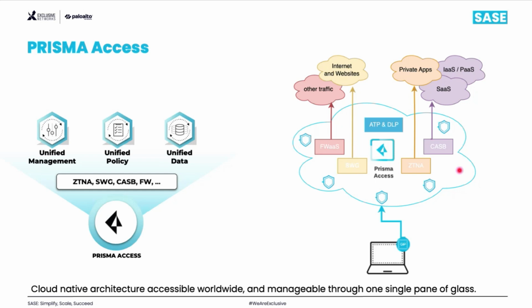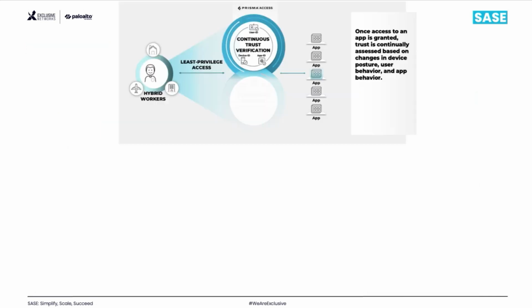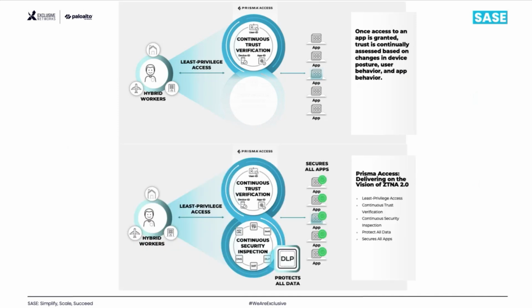If you go to a private application, that's where the ZTNA kicks in, where you can leverage a service connection or ZTNA connector to gain access to a private application. Now, any other traffic will be handled by the firewall as a service. So everything which is not a private app, which is not HTTP or HTTPS, will be handled by firewall as a service. And then on top of that, again, keep in mind, we have those cloud delivered security services that will help us to provide content inspection.